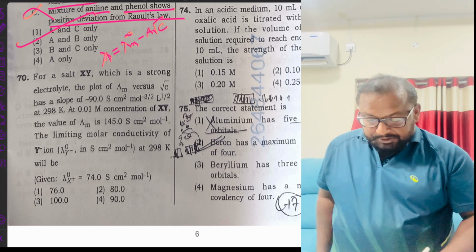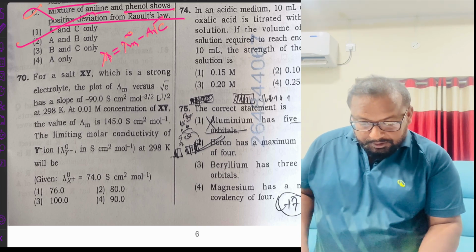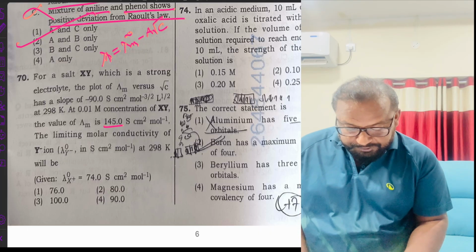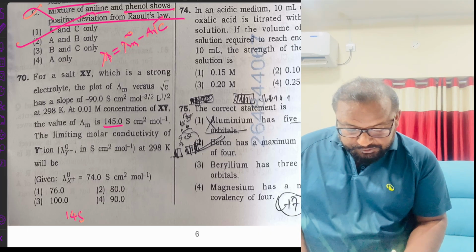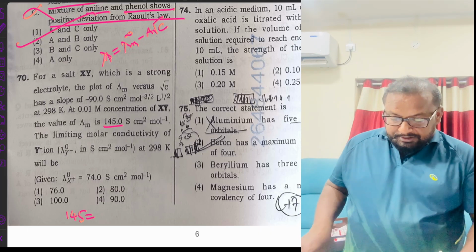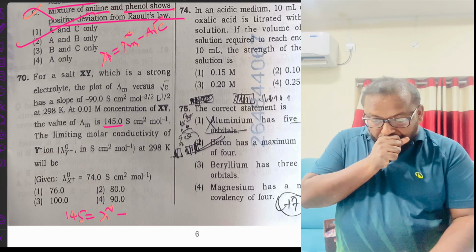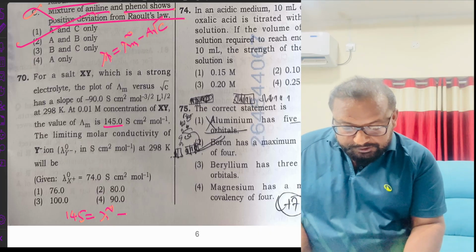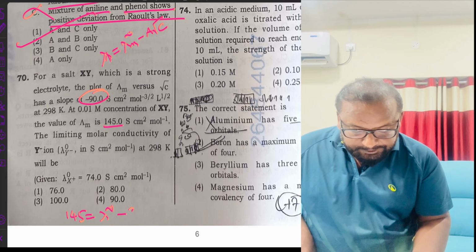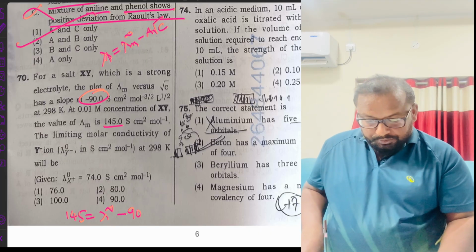So what is given to us here? Lambda m is given. So that is 145 equals lambda m naught, we need to find out, minus the slope, which is given to us. Slope is 90, and root c.